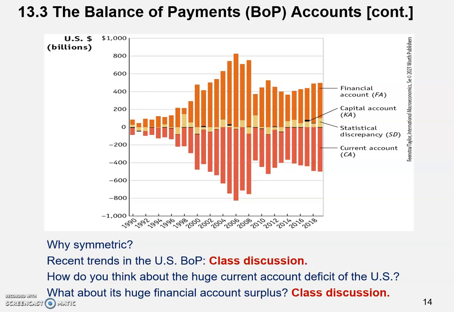So if, as the general public believes, the current account deficit is bad for the US, does that mean the financial account surplus is good? Because it looks like it's the opposite side. So once again, bring your thoughts to our class and we can discuss.